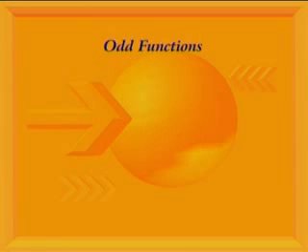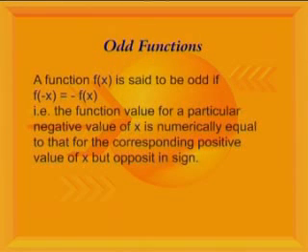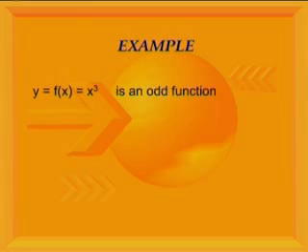Odd function: a function fx is said to be odd if f of minus x is equal to minus fx. The function value for particular negative values of x is numerically equal to that for the corresponding positive value of x, but opposite in sign. Fx is equal to x cube is an example, because here f of minus x is equal to minus fx.